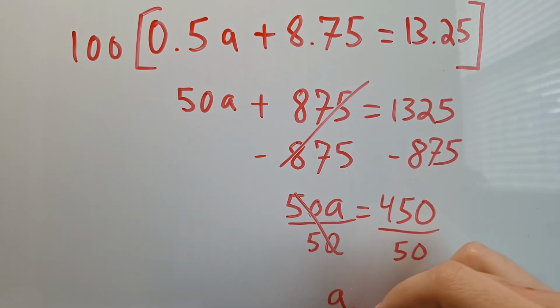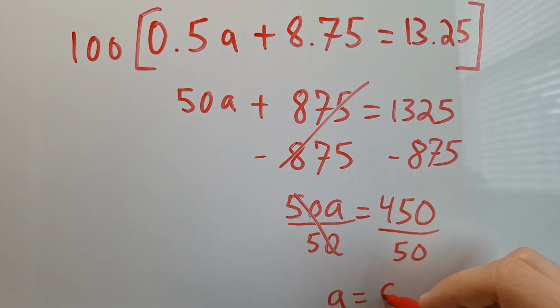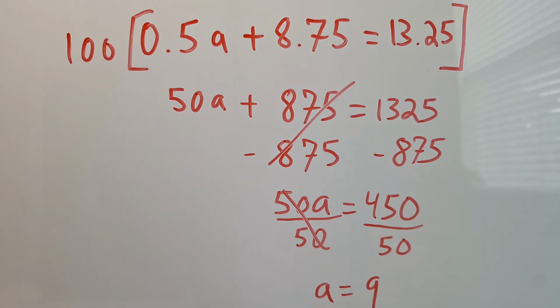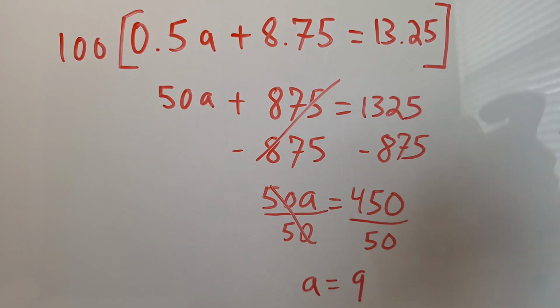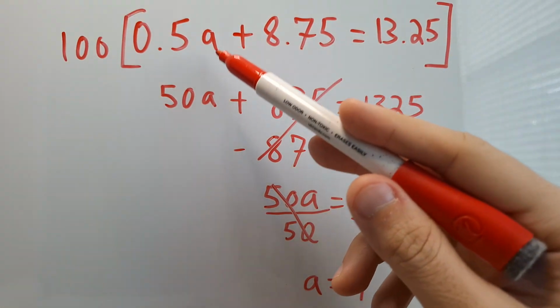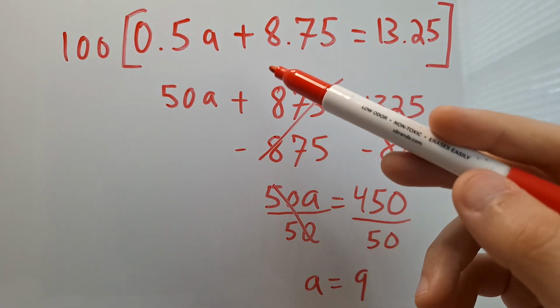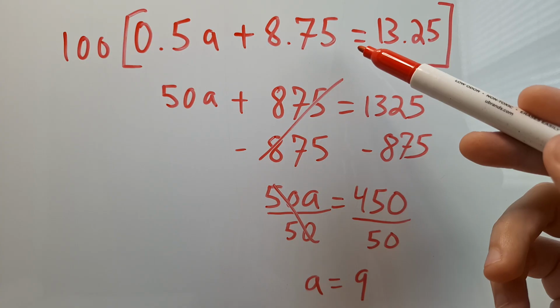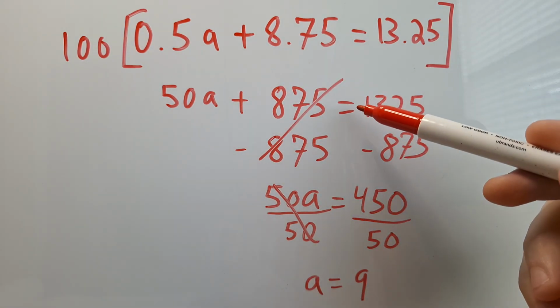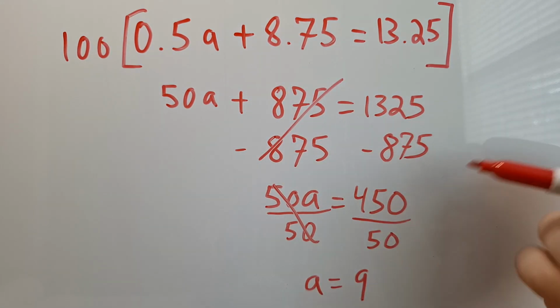You do get a nice number for this, and that number is 9. In the event that you work with an equation involving decimals, clear the decimals first, so that you're working with whole numbers, and then it makes solving it easier.